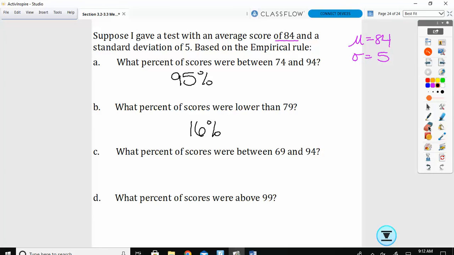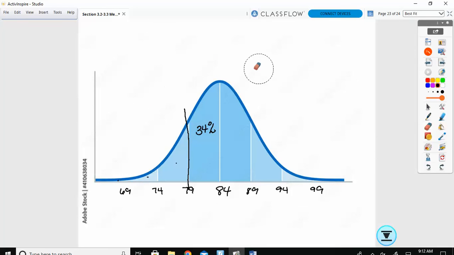What percent are between 69 and 94? So here's 69, 94. So I want everything except these ends. So probably the easiest option, you can either add all the percentages in the middle and subtract that from 100, or you could just add up these percentages on the end. What was this percentage? 0.15.